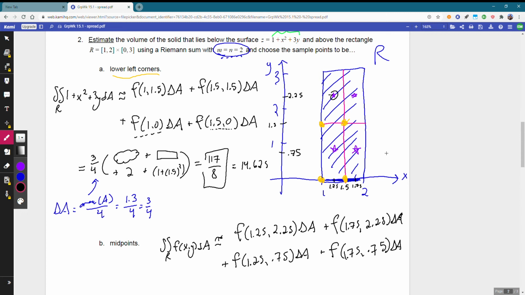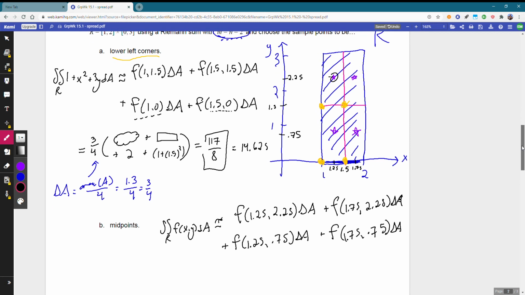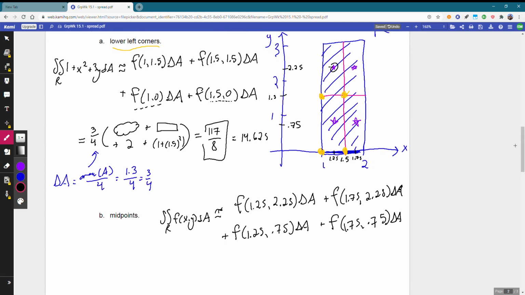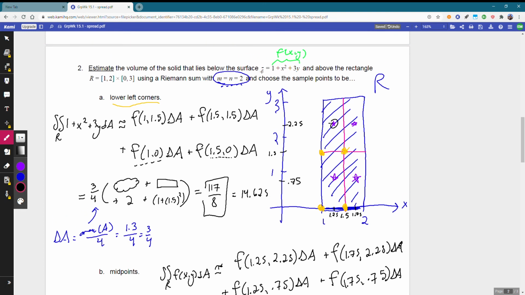I'm going to scroll down just a little bit. Once again, we can pull out our delta A. It's still 3/4, right? We have the same rectangles, but now we'll just have our 4 function values to crank out using our calculator, plugging each of these x and y's into our function.